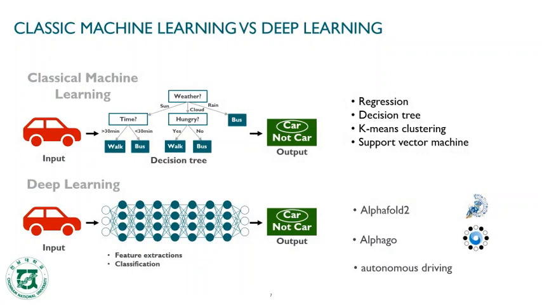Actually, machine learning is not that new. This classical machine learning includes all the techniques from data mining and predictive analytics, which you might have heard of, such as regression, decision tree, k-means clustering, support vector machine, etc. In this classical machine learning, there are some human inputs.